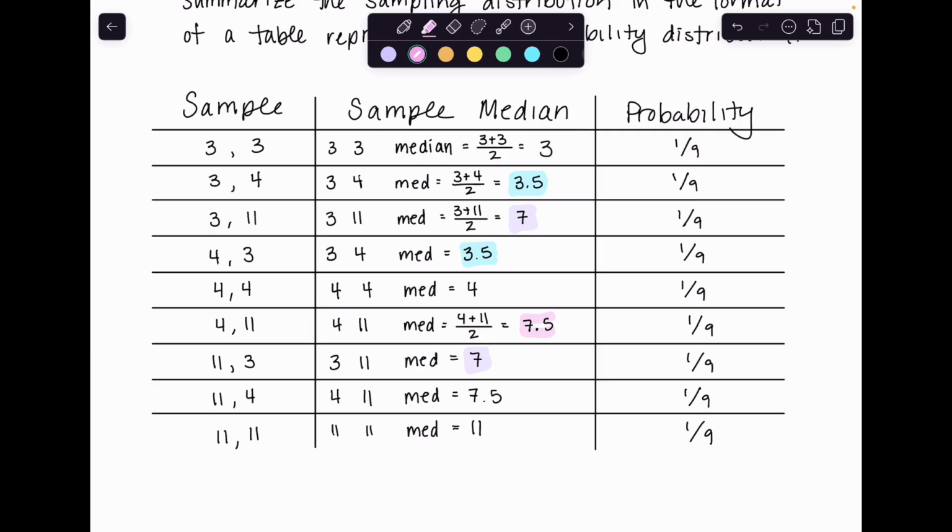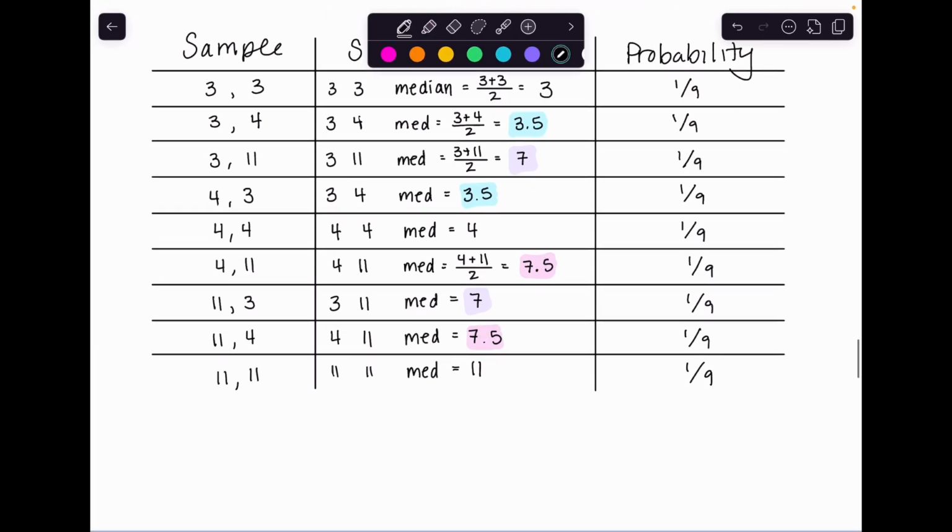And then we've got 7.5 appearing twice. So our repeats are those values: 3.5, 7, and 7.5, and they each appear 2 times. So the probability of getting this as your median is going to be 2 out of 9.